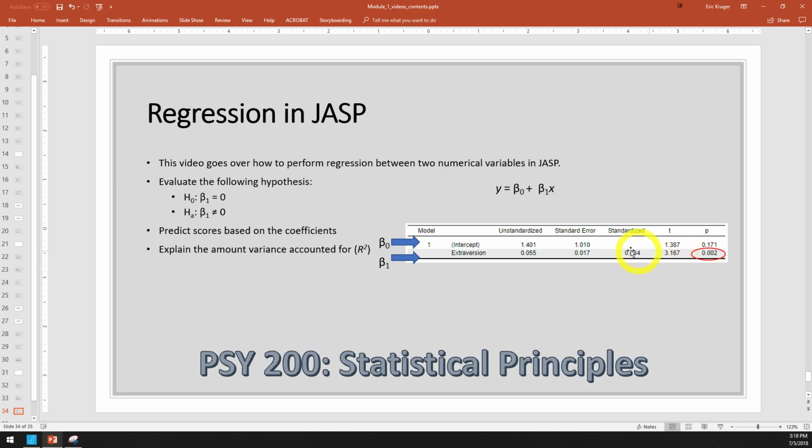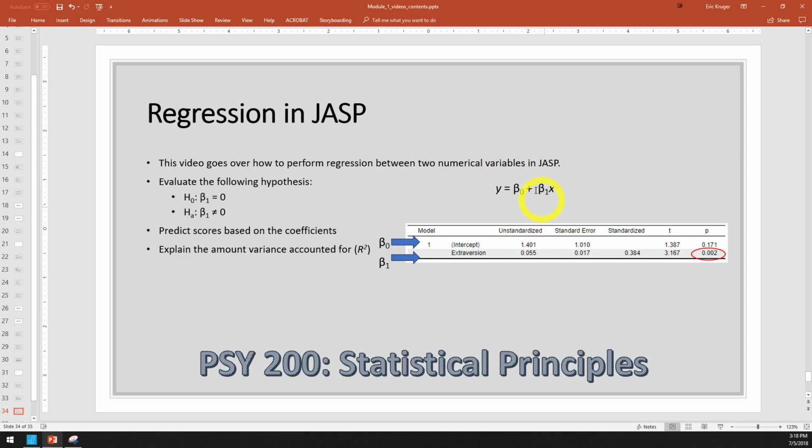Here are our t-scores for both of these estimates, and then here are our p-values. And here we see a p-value that is less than 0.05, so we can reject the null hypothesis that there is no change between extroversion and basketball games, and conclude with the alternative hypothesis that there is a significant change, and that as extroversion increases, so does the number of basketball games attended.